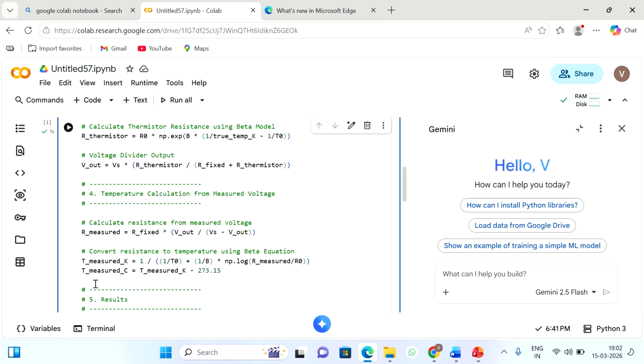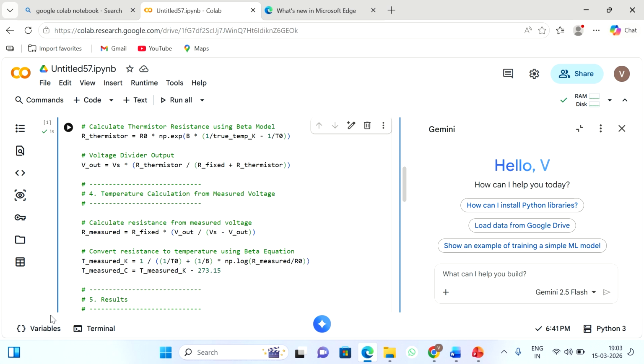So T_measured_C is equal to T_measured_Kelvin, whatever value we have obtained in the previous equation, minus 273.15.